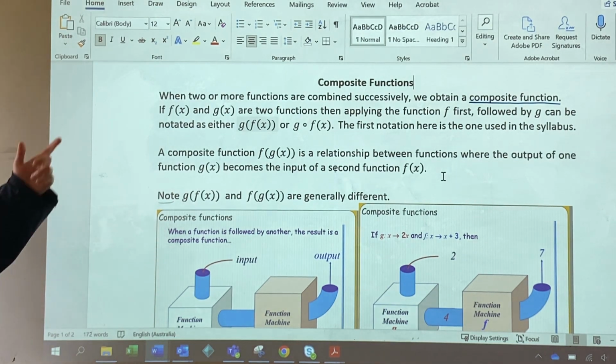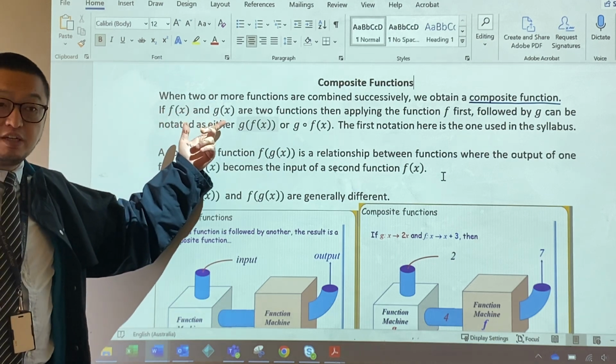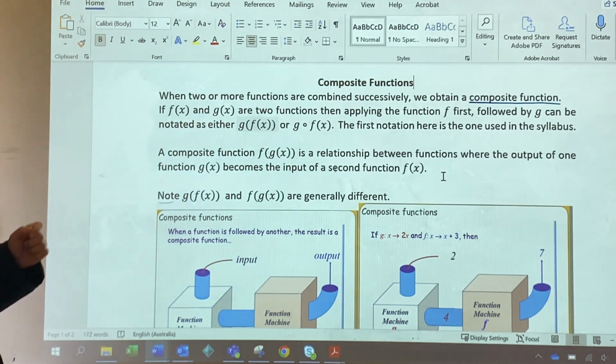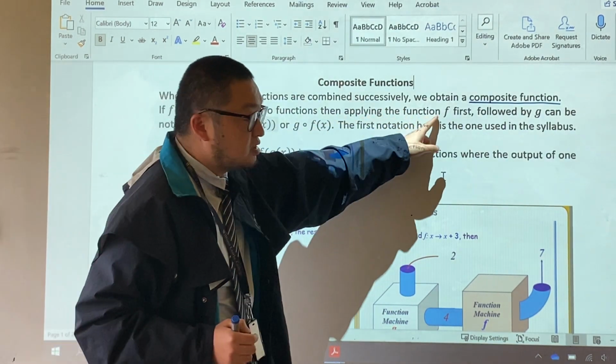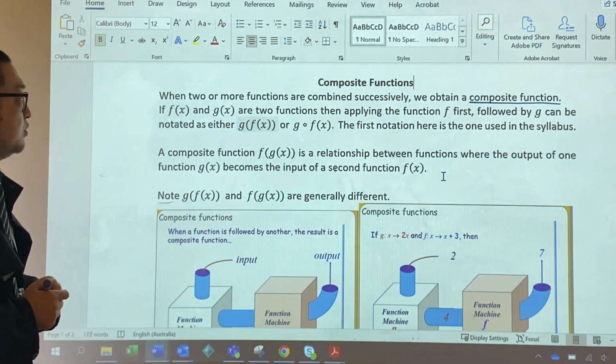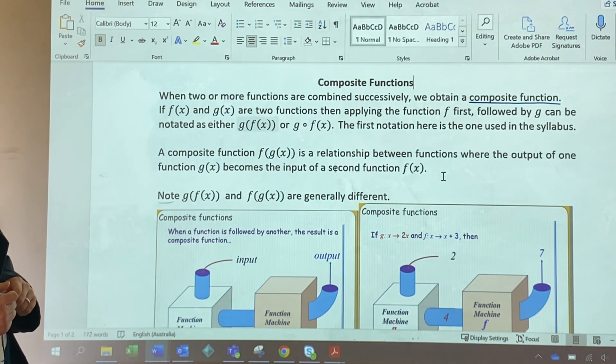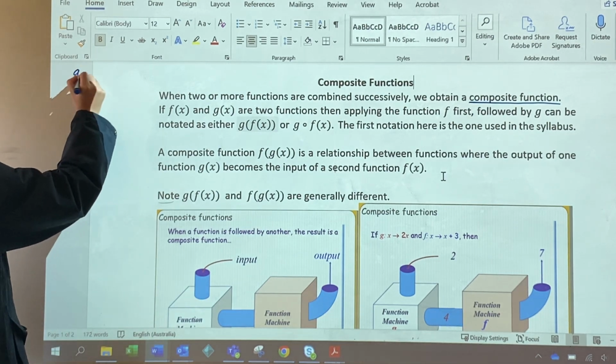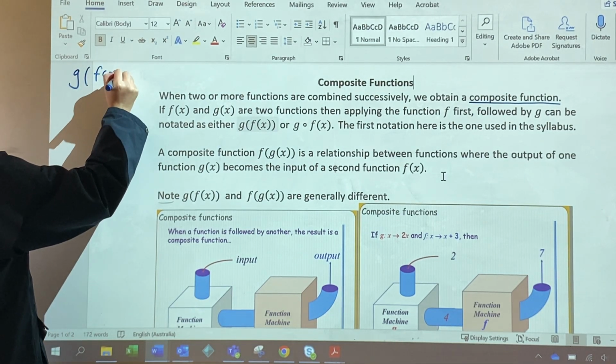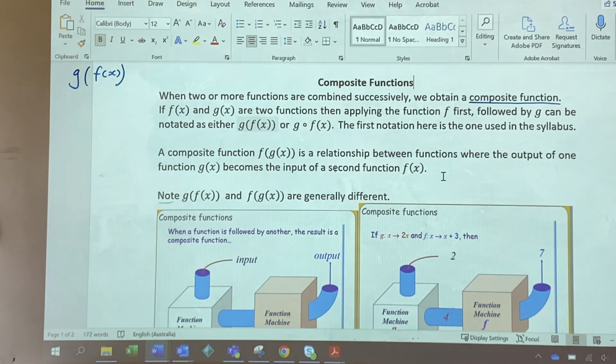When we apply f of x first, followed by g, the notation is g f x, like that.